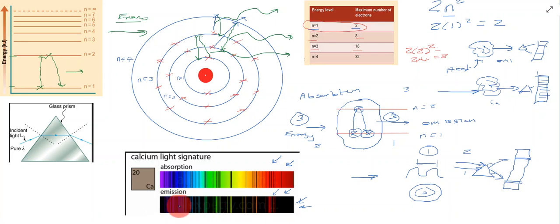So what you get is the light appears as one of the lines in the line spectrum of the element. Each of these lines represents a wavelength of light, and each of these wavelengths represents an electron moving up to a specific energy level and then coming back down and giving off that specific wavelength, or that specific amount of energy.